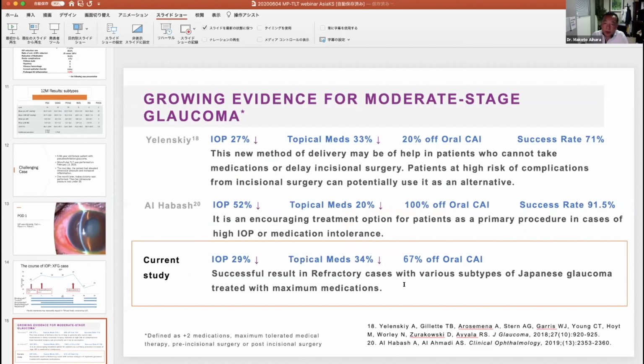Also, for use of oral CAI, we can reduce it 67%. So I definitely believe this is very successful for our refractory cases with various subtypes.